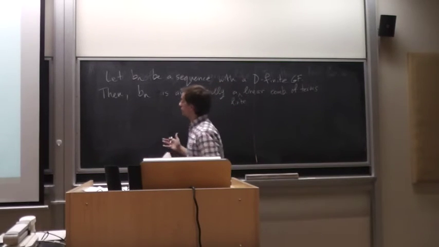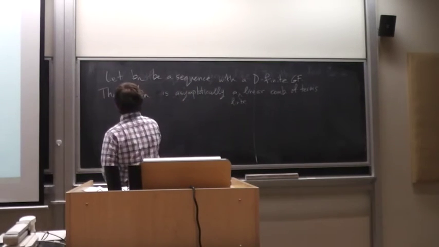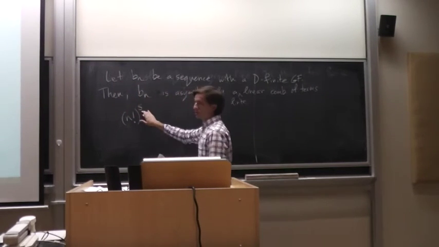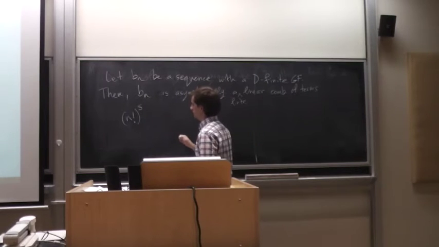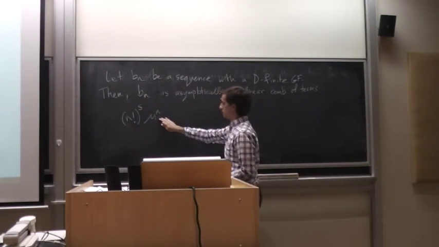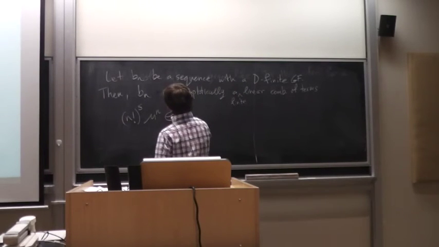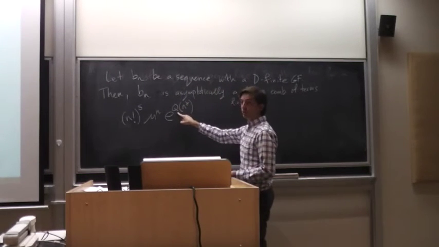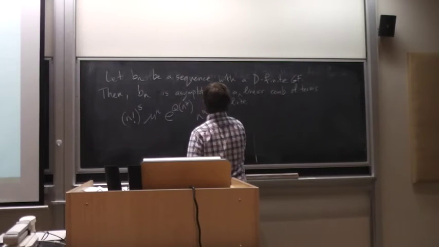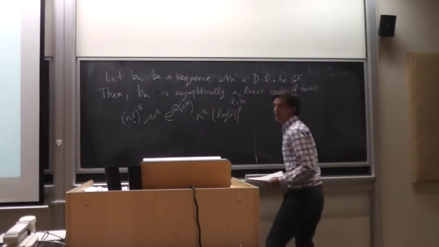What can d-finite functions do? Well, for starters, they can have an n factorial to the s, and I'll tell you the restrictions on s and the other variables in a second. They can have the same mu to the n that we saw before, the exponential part. They can have this weird term that's e to the q of n to the gamma. This is a polynomial in n to the gamma. They can have an n to the alpha and a log n to the beta.